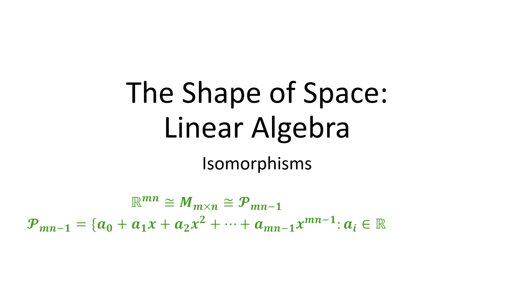I just have a few examples here that we've talked about before. We have the set of matrices of size m by n, and we know that we can get a basis for this just by putting a 1 in one spot and a 0 in the other entries, and doing that for each of the possible locations in our matrix, and we get a basis of size m times n.